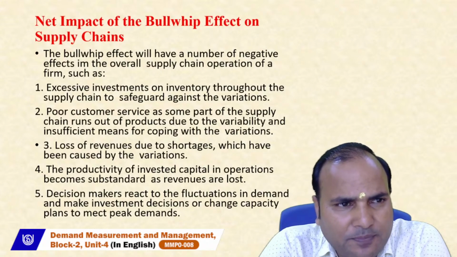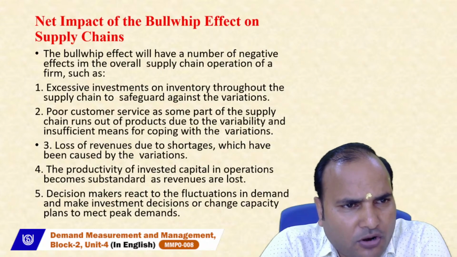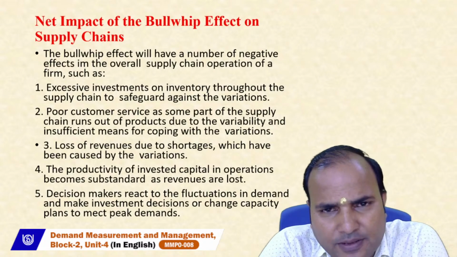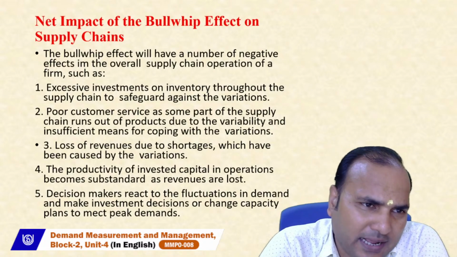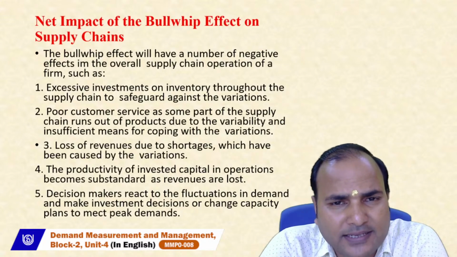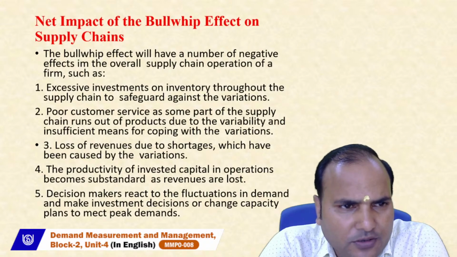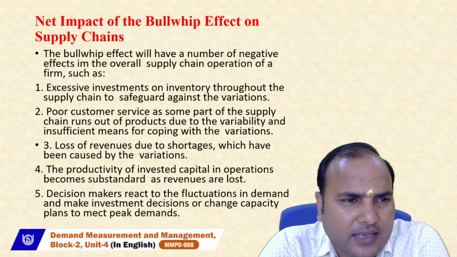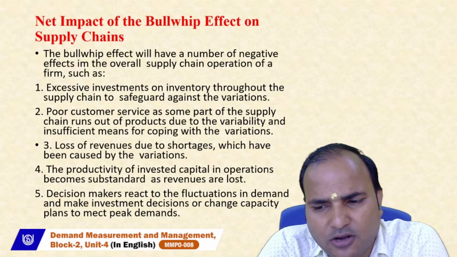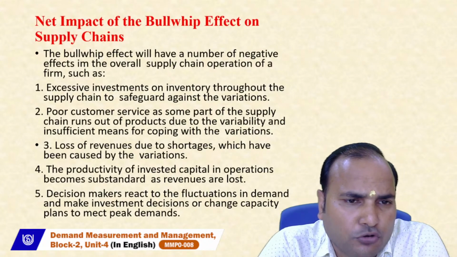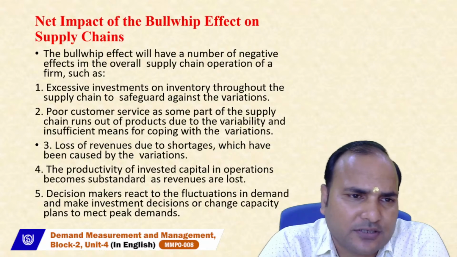Is there any positive impact or not? The bullwhip effect will have a number of negative effects in the overall supply chain operation of a firm, such as excessive investment on inventory throughout the supply chain to safeguard against the variations.